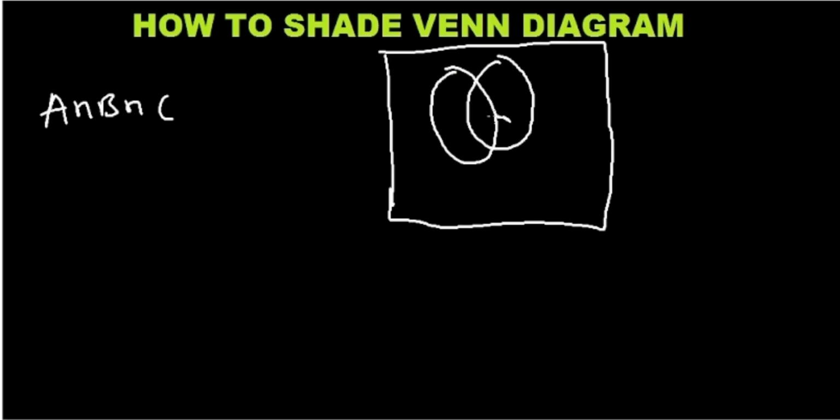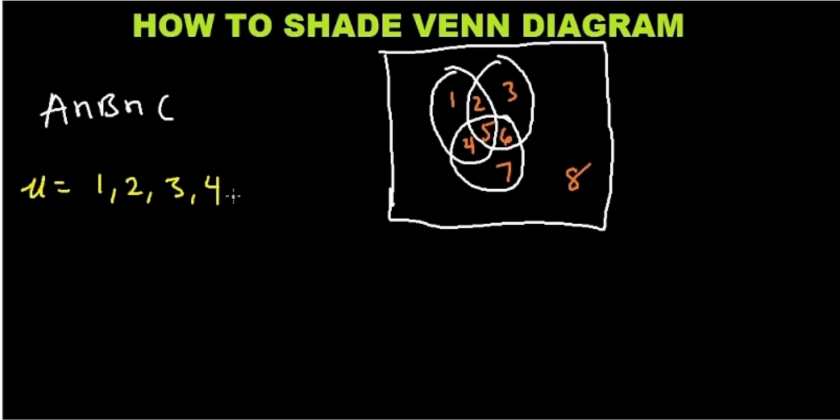Number it any way you like: 1, 2, 3, 4, 5, 6, 7, and 8. Now my universal set will be 1 to 8.